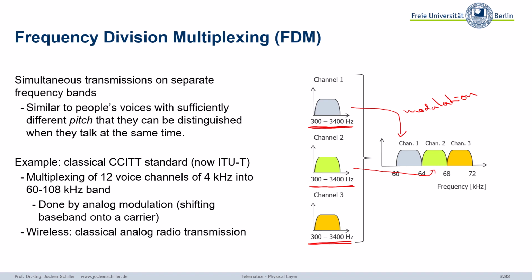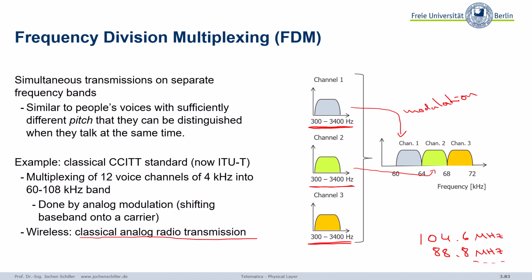And you know this from everyday life. So these are our classical analog radio stations, where I say, okay, this is at whatever 104.6 megahertz. You have one station, and the other one is 88.8 megahertz, and whatever there is.